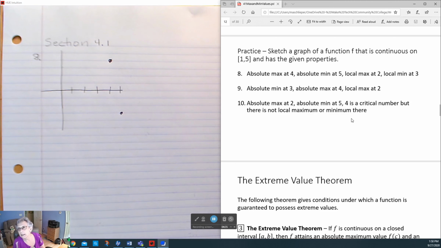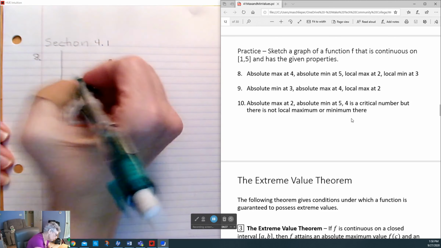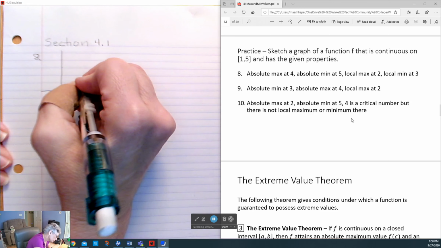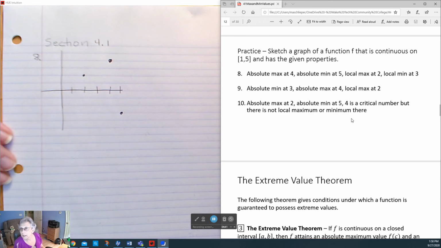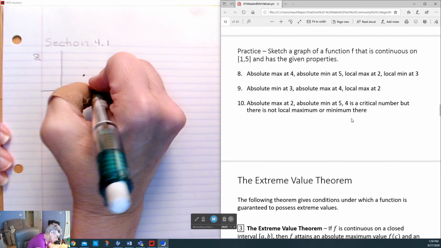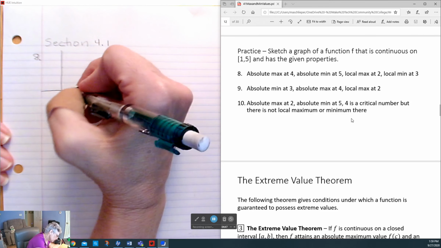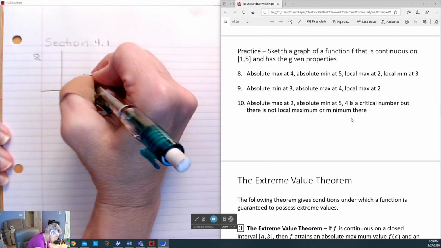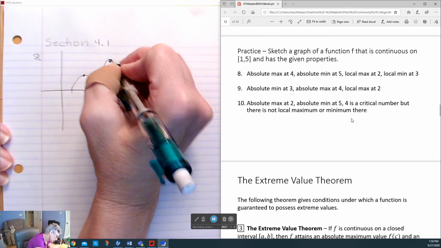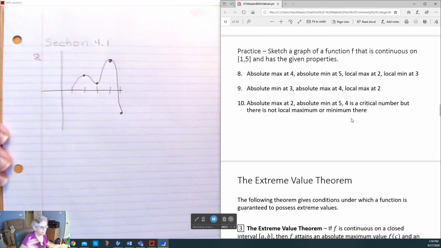It has a local max at 2 and a local min at 3. So my graph's going to look something like that.